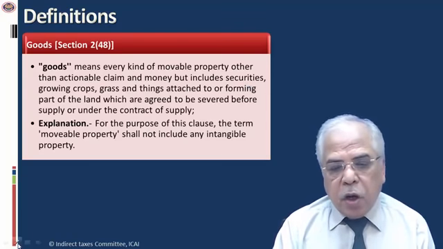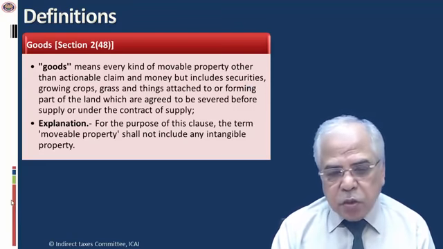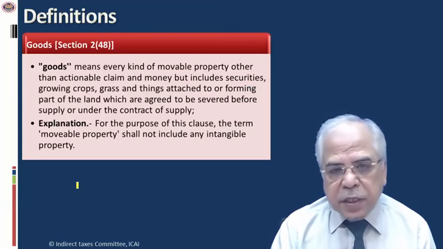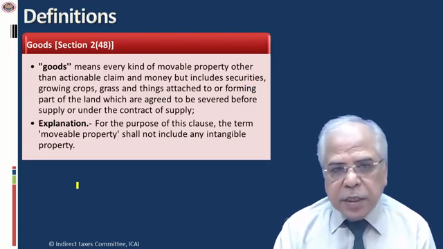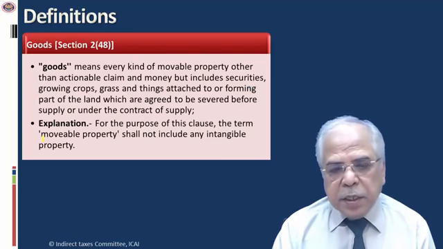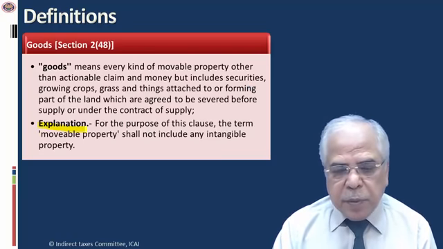I am sure all of you will appreciate that there is no change so far as the goods definition is concerned. But what is really important in the GST law is the explanation, which was not applicable till the GST law was made applicable.